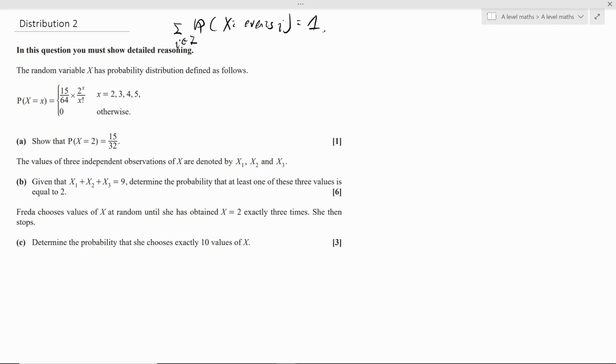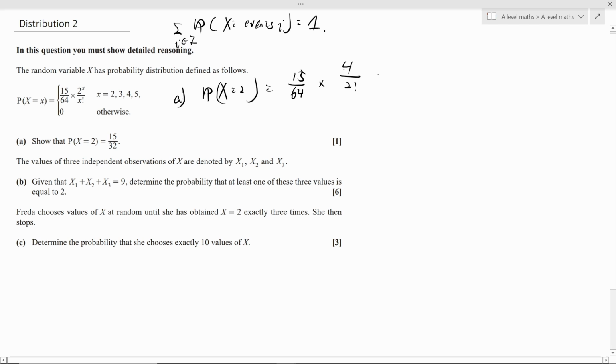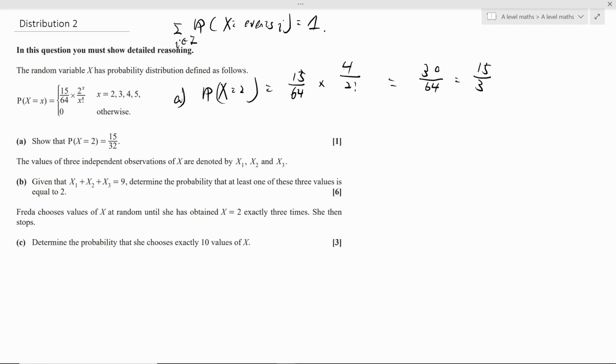So to show that P(X = 2) is 15 over 32, we can just substitute x is 2 into our formula. So for part A, P(X = 2) will be 15 over 64 times 2 to the power of 2, which is 4, over 2 factorial, which is 2. So that's basically 30 over 64, or 15 over 32, exactly as they asked for.